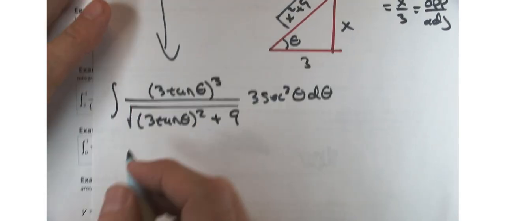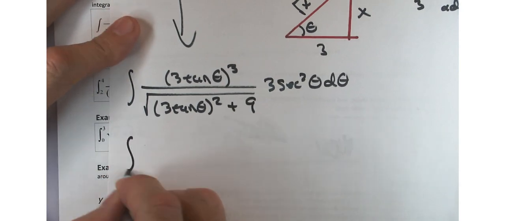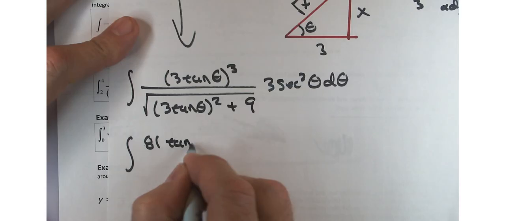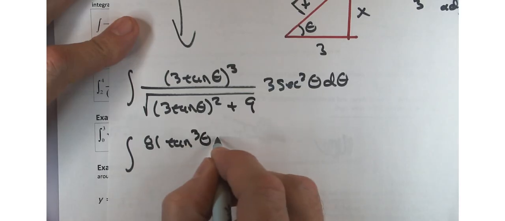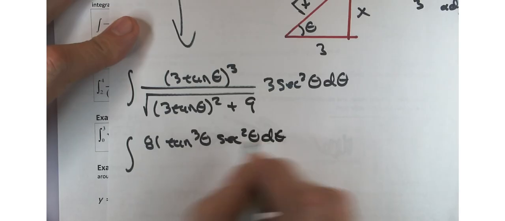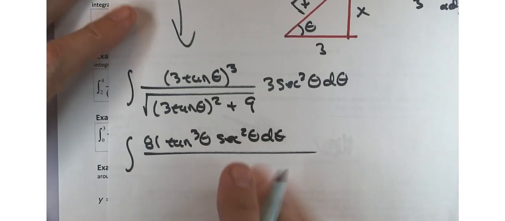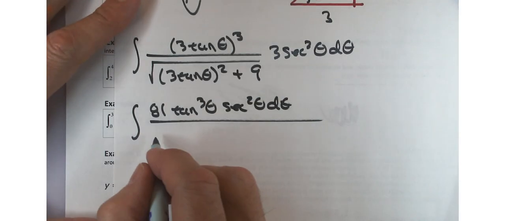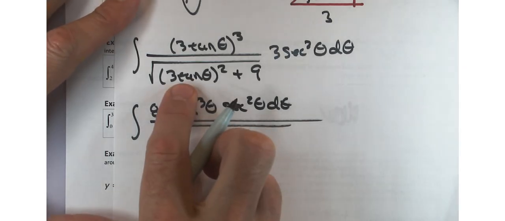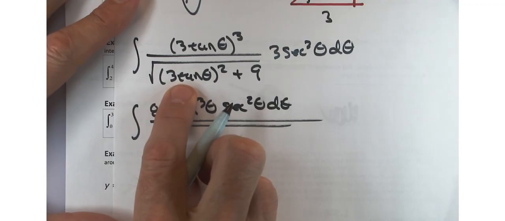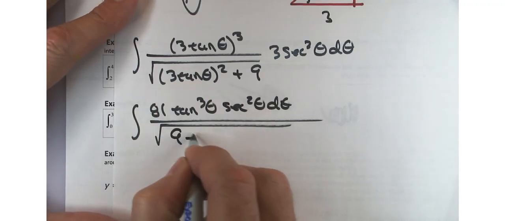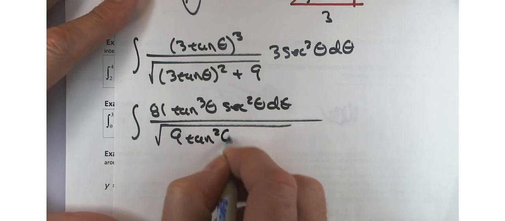So in the numerator I rewrite this as 81 tangent cubed of theta times secant squared of theta d theta. In the denominator, this is going to be 9 tangent squared of theta plus 9.